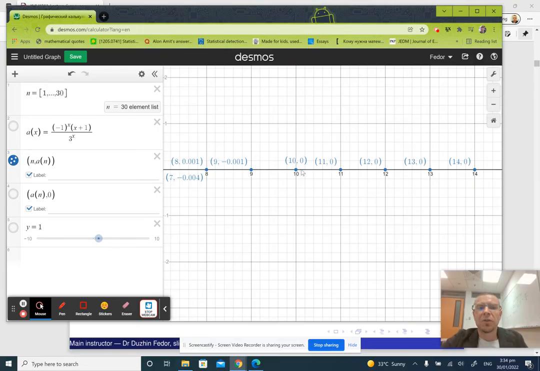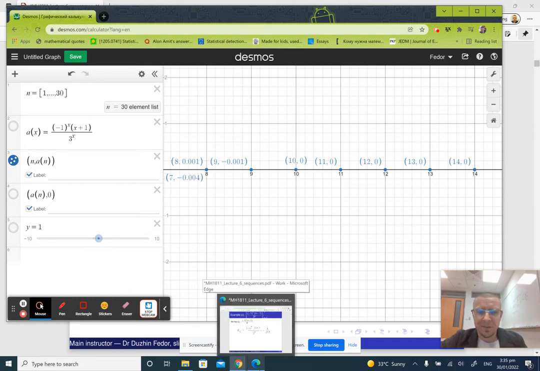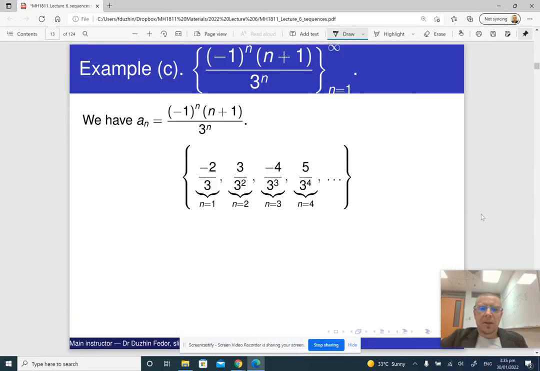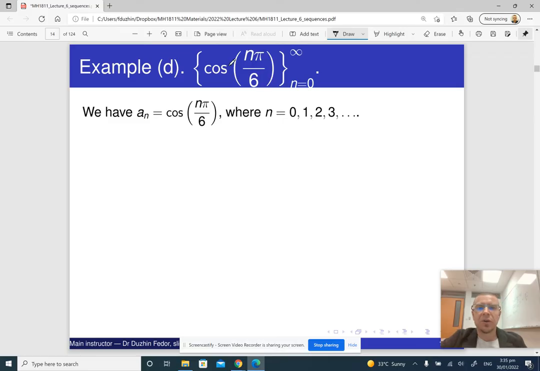But 3 to a large power is a huge number, and when you divide by a huge number, what you get is not 0, but super close to 0. So when you plot it, it seems like it's 0 after some point, but it's not really exactly 0. All right, so here is the list of the elements and so on.